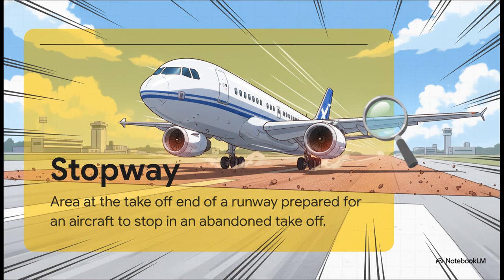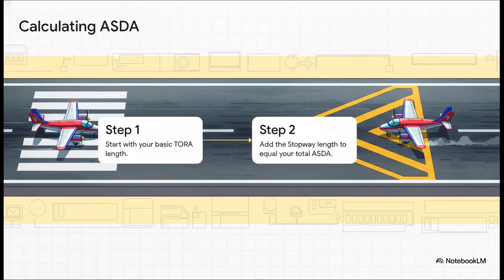A stopway is a defined rectangular area on the ground at the takeoff end of a runway, explicitly prepared and suitable for an aircraft to stop on in the event of an abandoned takeoff. Picture yourself rolling past your standard TORA pavement onto a specially prepared surface designed exclusively to help you stop safely. It might not be built to handle everyday landing impacts, but it absolutely has the structural integrity to support your heavy braking. Let's look at the formula for this and see how it builds.